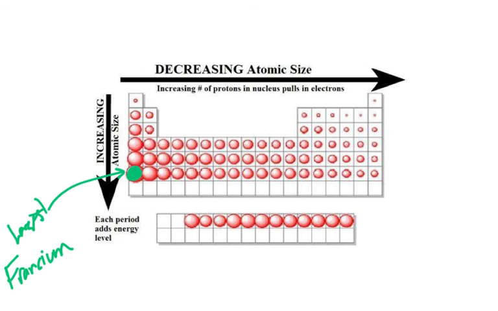And the smallest, right, is all the way at the top and all the way to the right. So helium is actually the smallest atom. And then you can see the trends here in between. So increasing going down, decreasing going across.